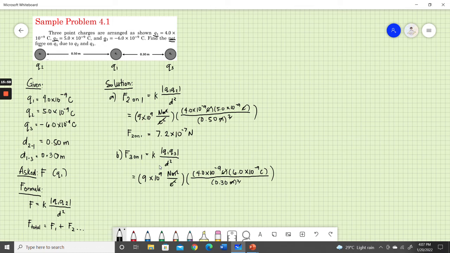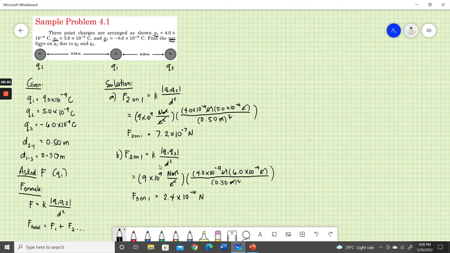This is cancelled, and you're left with newtons. Then just plugging that on the calculator, the F3 on 1, or the force that Q3 exerts on 1, is equal to 2.4 times 10 raised to negative 6 newtons.